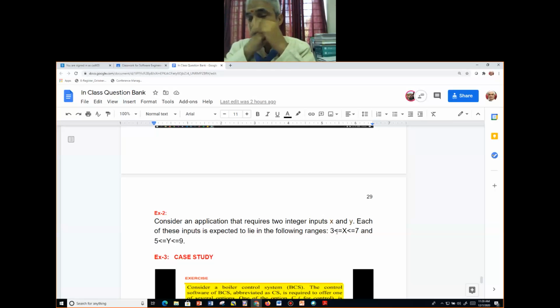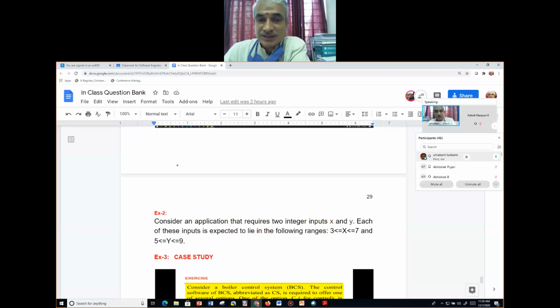Now look, there are two variables involved here. Single variable equivalence partitioning is all right. For example, consider that you have x in the range of integers. x less than or equal to 7 and x greater than 3.